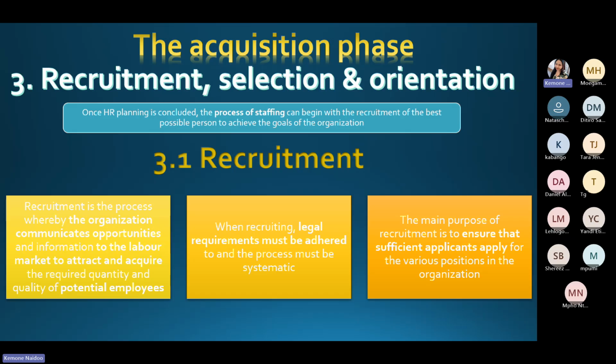And sometimes when a company is very desperate and they want to quickly hire someone, they don't take into account the fact that this person may not have the right skills, may not have the right capabilities, and this is going to affect the way that employees actually conduct work tasks. So you have to go according to your HR plan to ensure that the right people are getting on board.